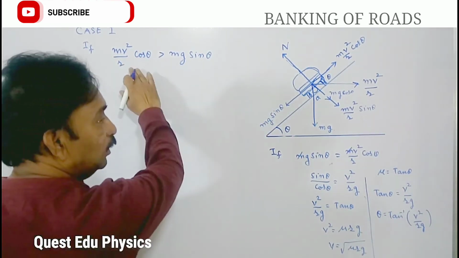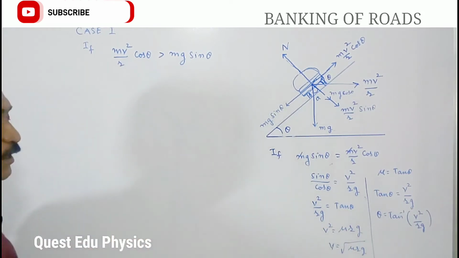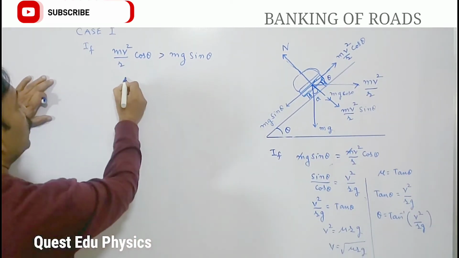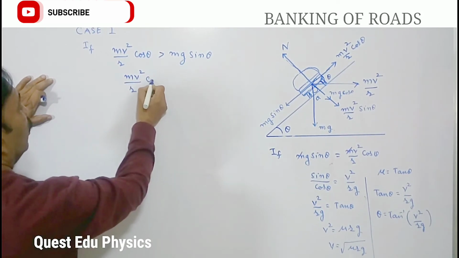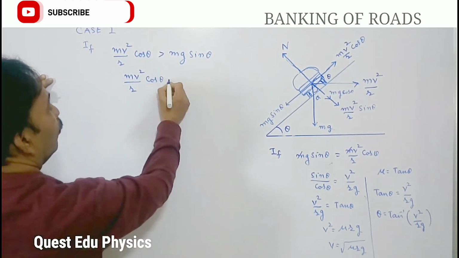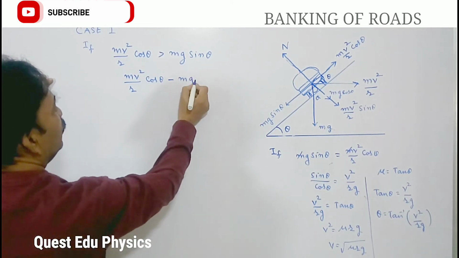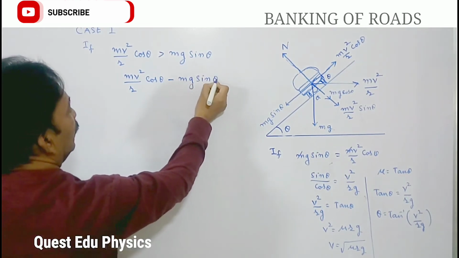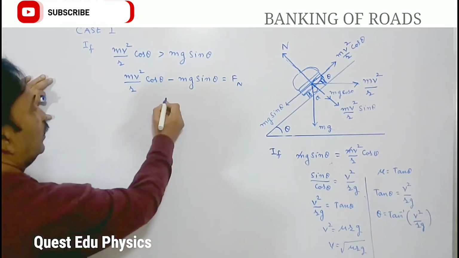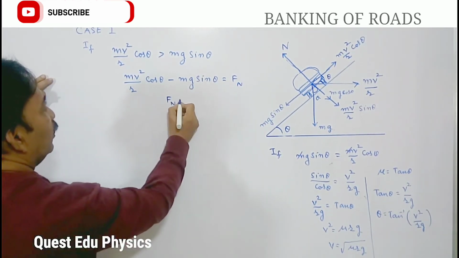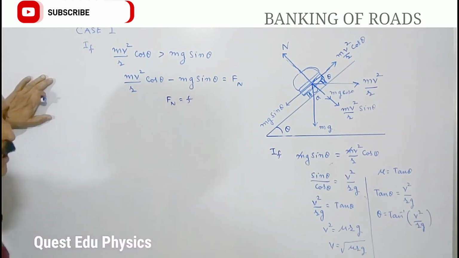These two are the forces. The difference between the two might be one more force. We can write it as mv square by r cos theta minus mg sin theta is a net force. This net force provides the friction. I'm writing it as the friction.